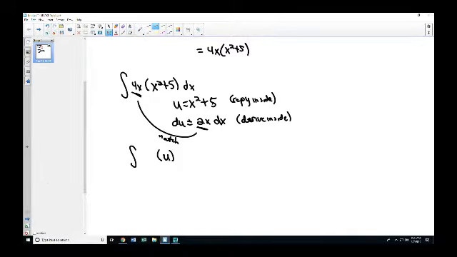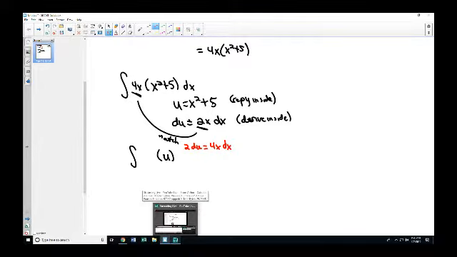How do I get 4x? Multiply by 2. So I'm going to multiply by 2 to get that number the same. Okay, so that's one little thing that you have to pay attention to. They have to be the same.